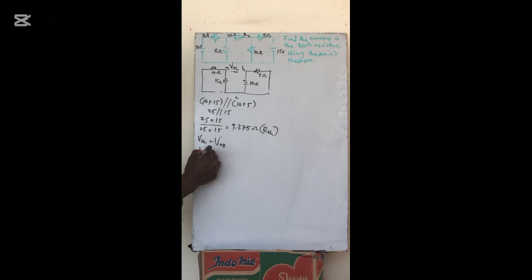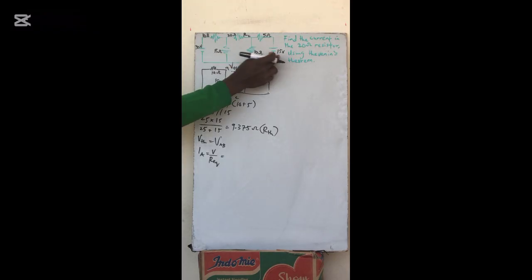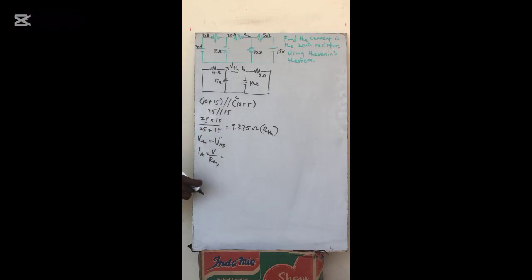To calculate IA, you have V over R on this side. Remember there is 30 volts here and 15 volts here. That's the voltage that we're using to get our current here.